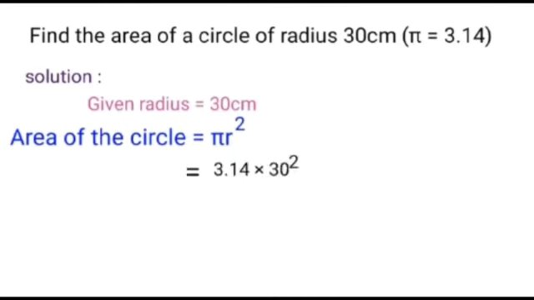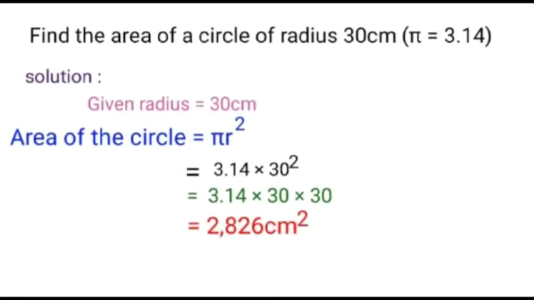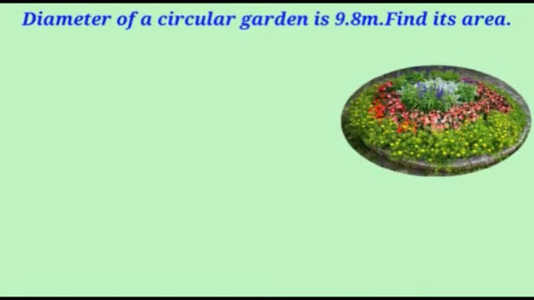That is equal to 3.14 into 30 square, means 30 into 30, which is equal to 2826 centimeter square. So here area is 2826 centimeter square.